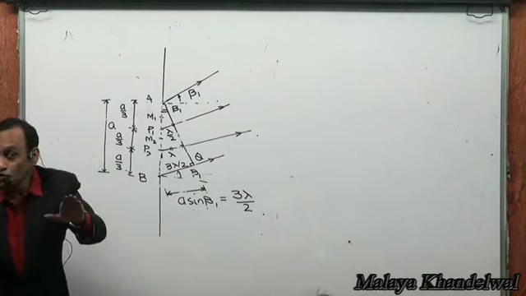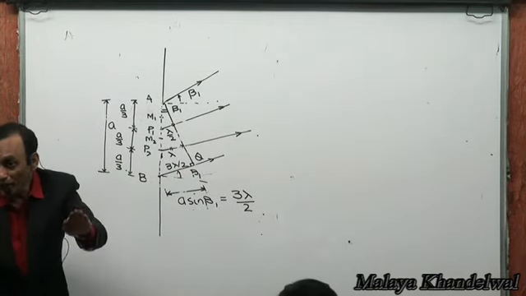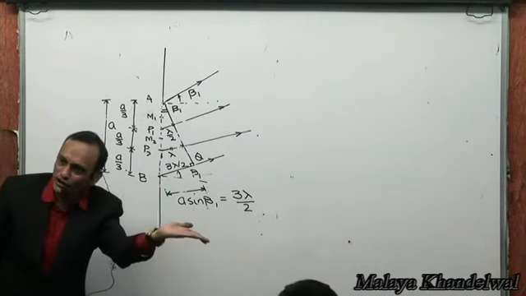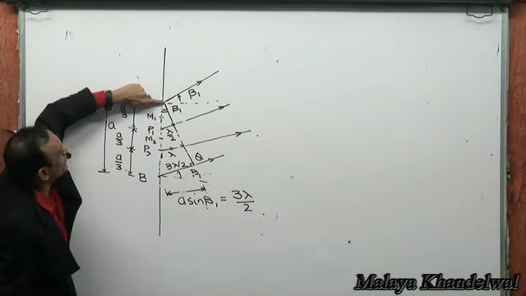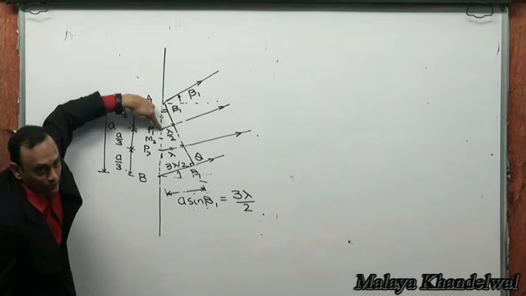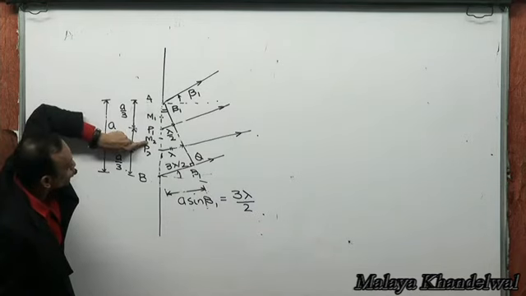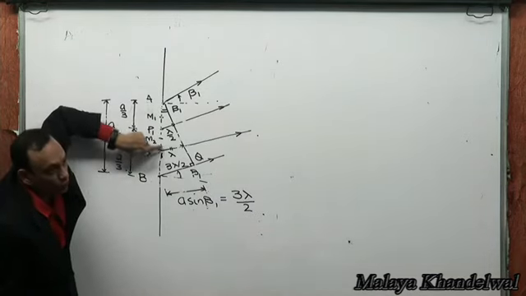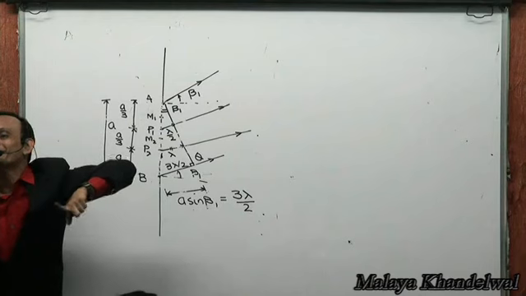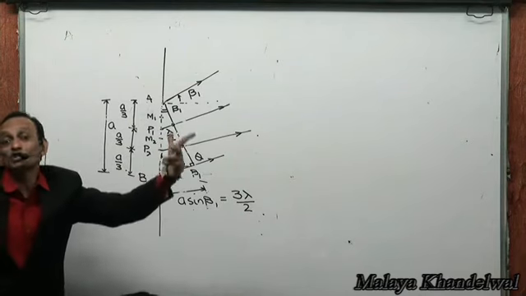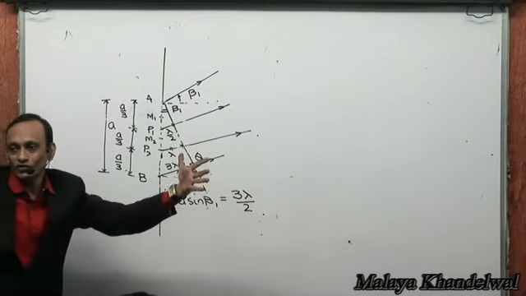Path difference lambda by 2 means phase difference pi. That means destructive interference. That means for every M1 between A and P1, there is going to be an M2 between P1 and P2 where the path difference is lambda by 2, phase difference is pi, and there is going to be destructive interference. Yes or no? Right?